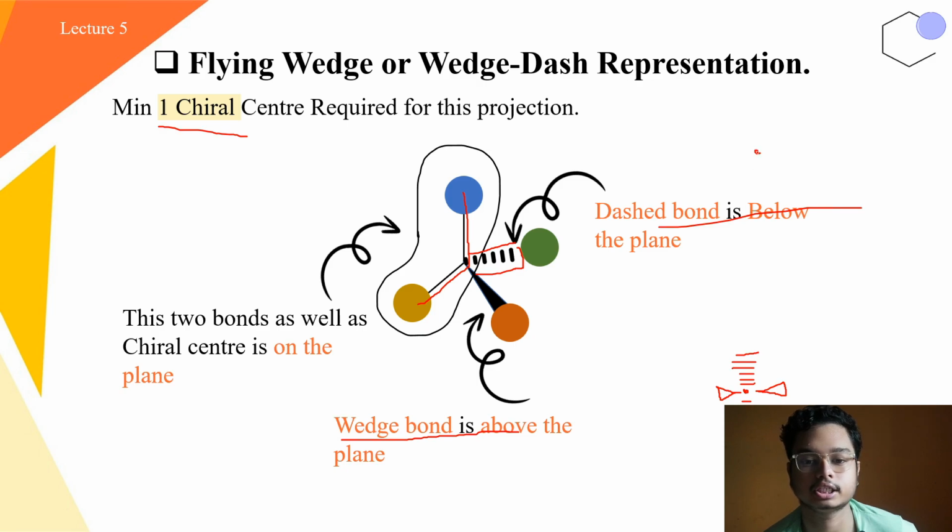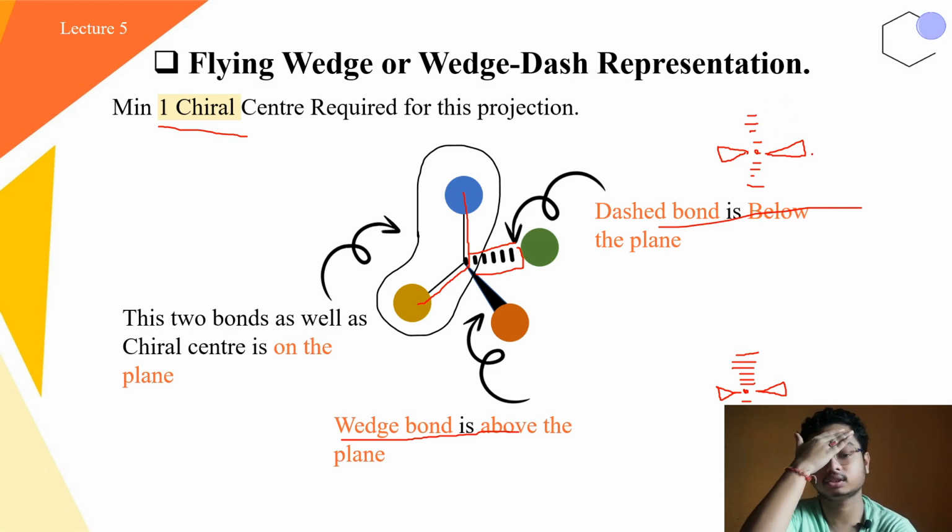So the Fischer representation in terms of wedge-dash should be this. We already discussed the Fischer configuration, that the vertical bonds are away from the observer, so they are below the plane, and the horizontal bonds are near to the observer, so they are above the plane, and it will be represented something like this. So this is in terms of the flying wedge.